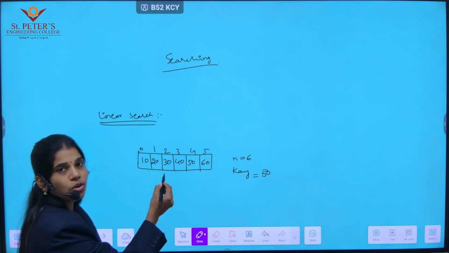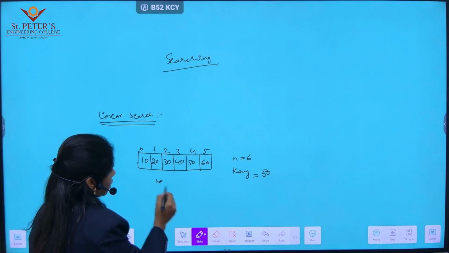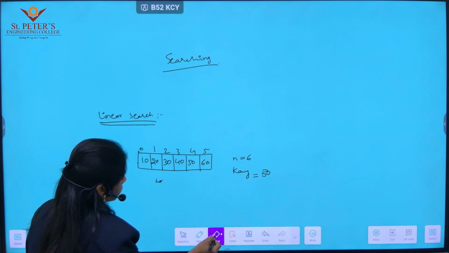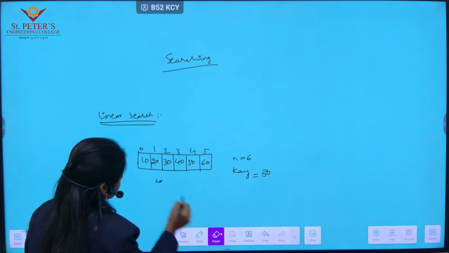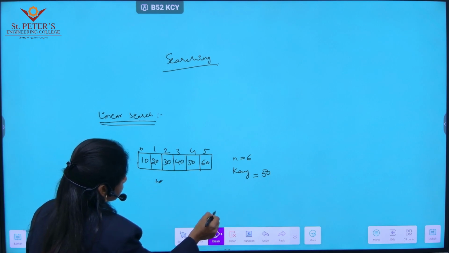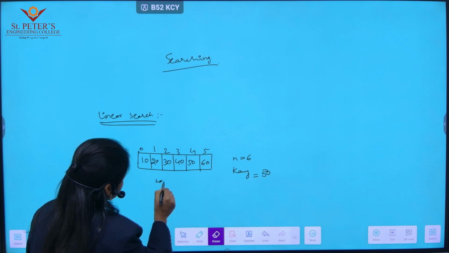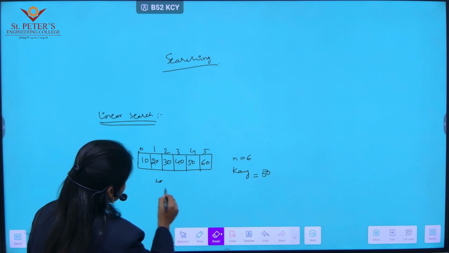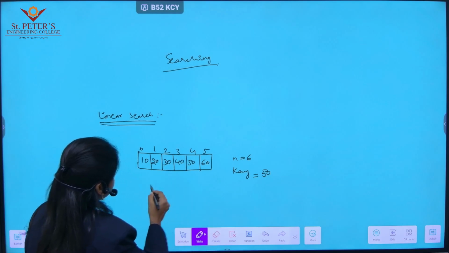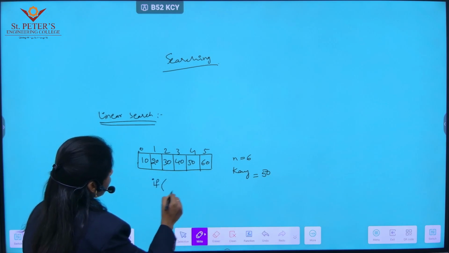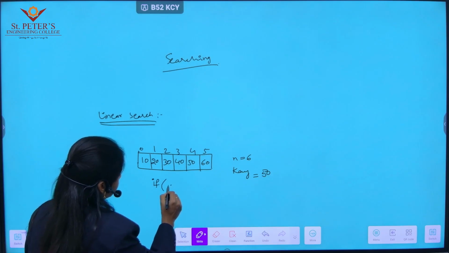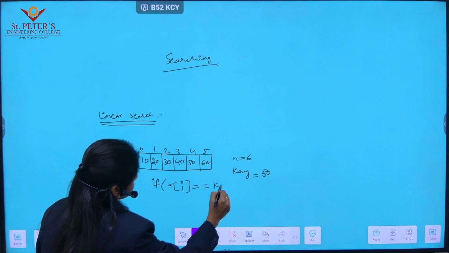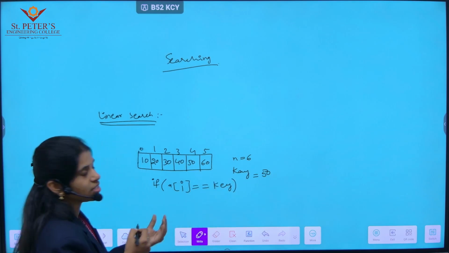we are going to make a comparison. See here, this is the formula.